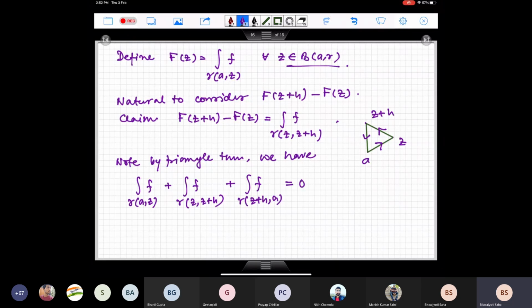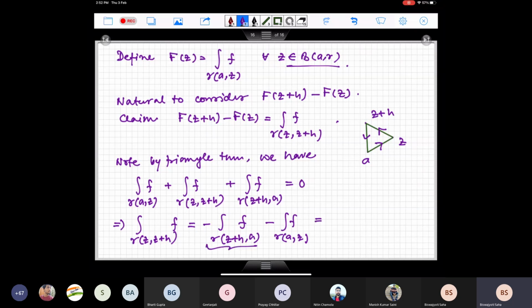Therefore what I get is that the integral of f over gamma from z to z plus h is minus the integral of f over gamma z plus h to a, minus the integral of f over gamma a to z.